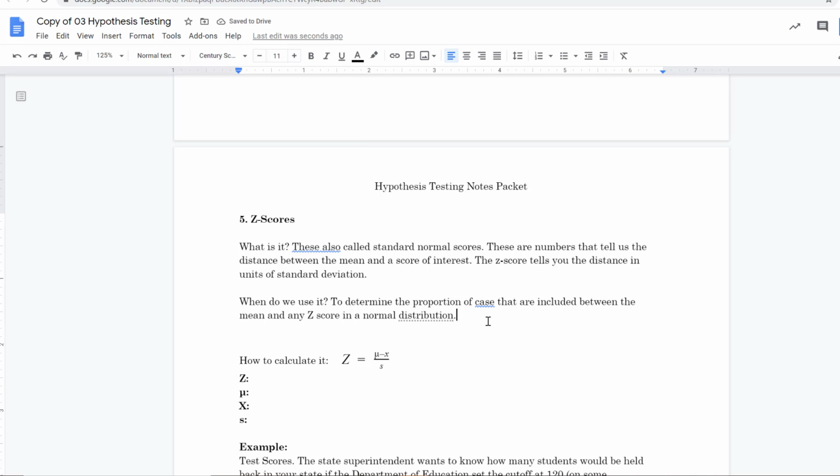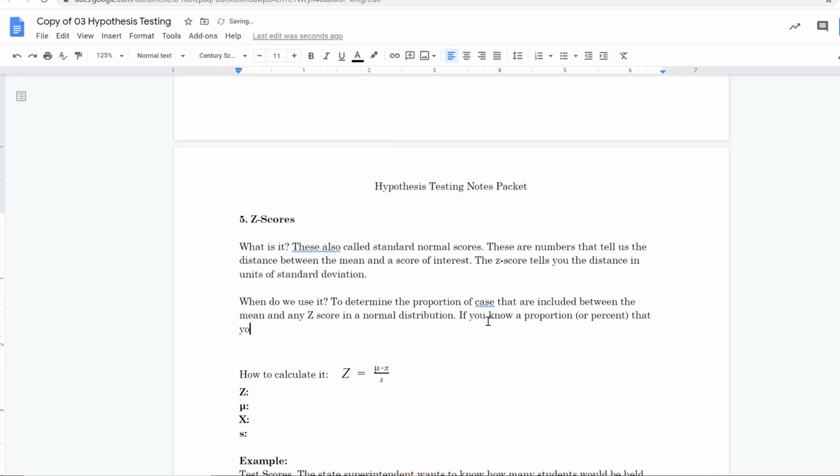So you can also use a z-score to figure out the proportion, and you can also use it to figure out a score. So let's say you know a proportion or percent that you're interested in.